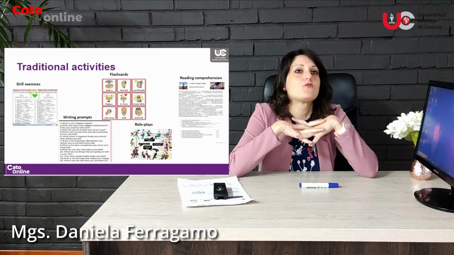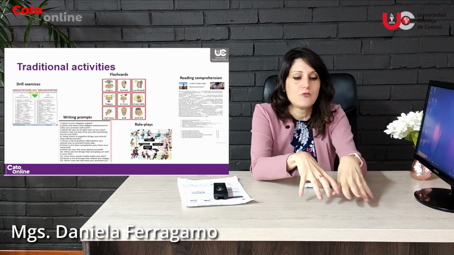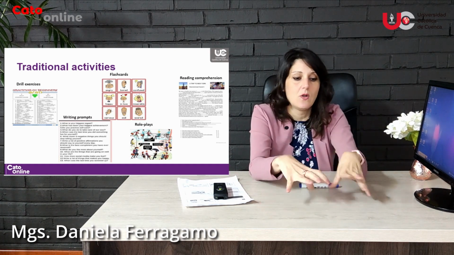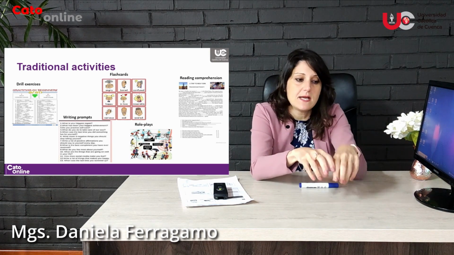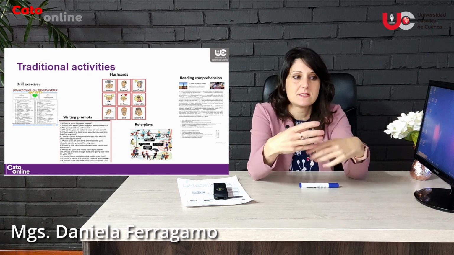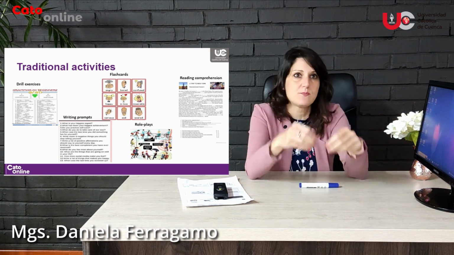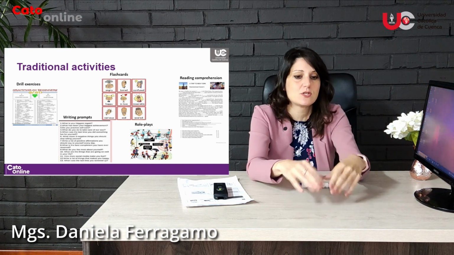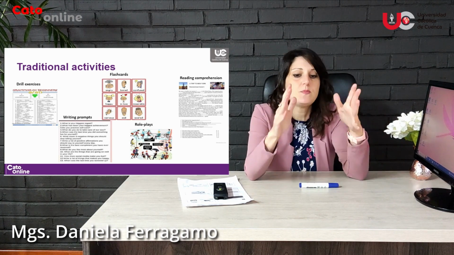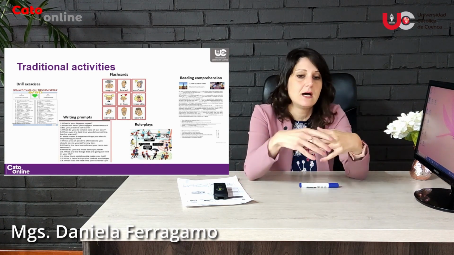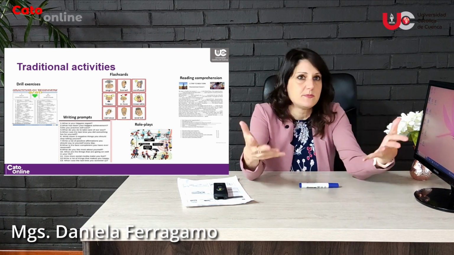So in drill exercise, you know from the previous module that drill exercise is something typical of the audiolingual method, which focused on the idea that students must have a perfect pronunciation, a perfect knowledge of the grammar. So it's important to have exercises like this in order to repeat again and again the same structure in order to be able to use it then in an optimal way.